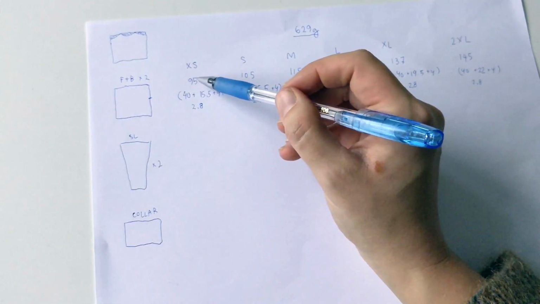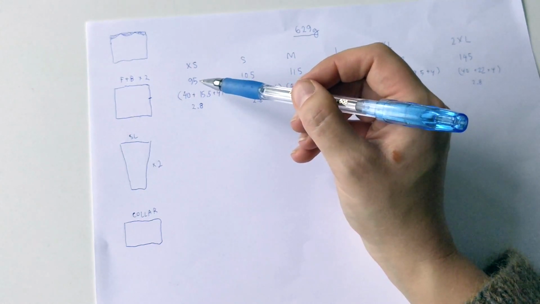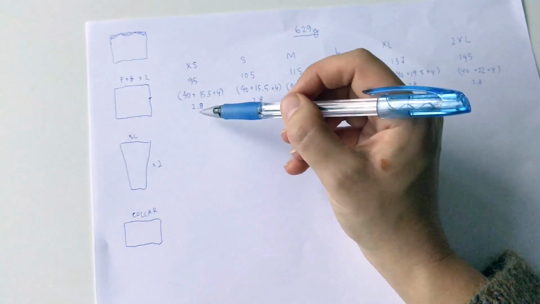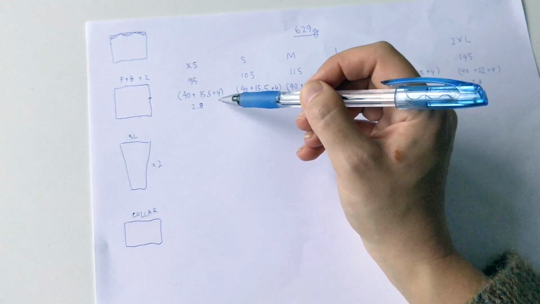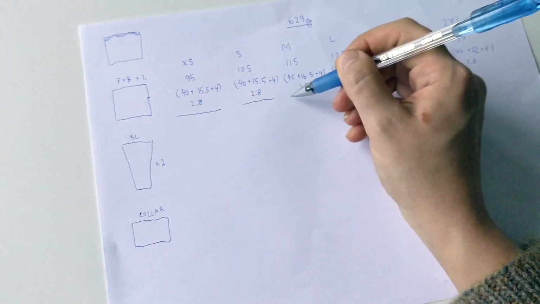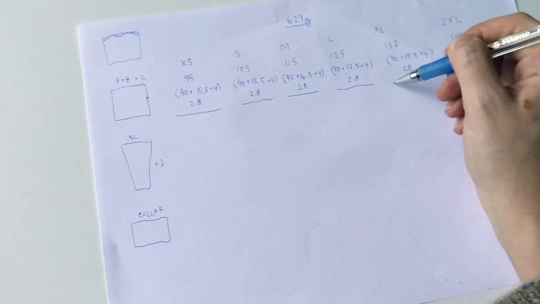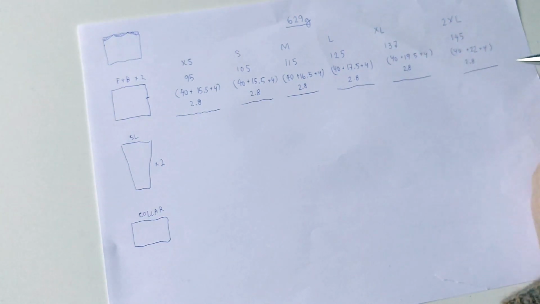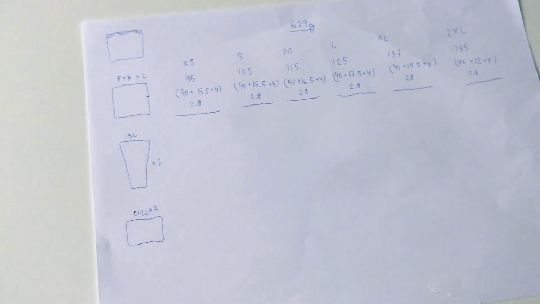So 95 stitches times 2.8 times the total length. So let's start counting, and that's how we get how many stitches we have.